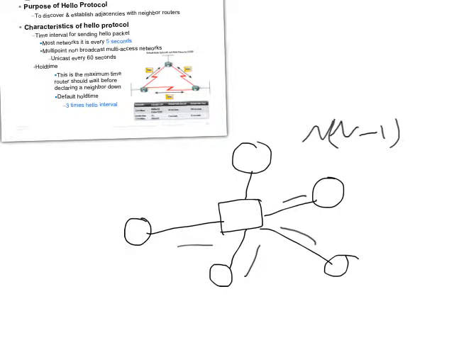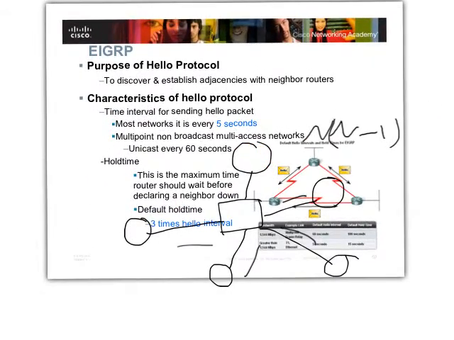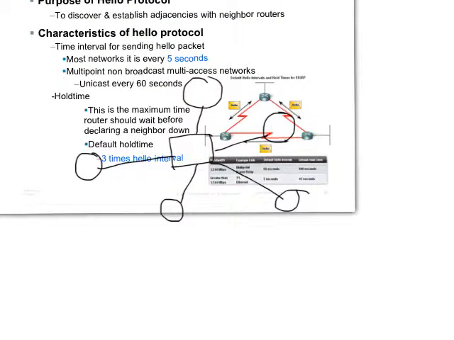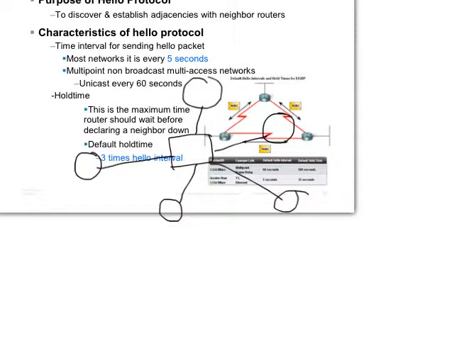So in order to resolve this huge load, they use a lower frequency for this particular topology. They use a frequency of 60 seconds to avoid sending n times n minus 1 messages in 5 seconds, which is a very short period of time.